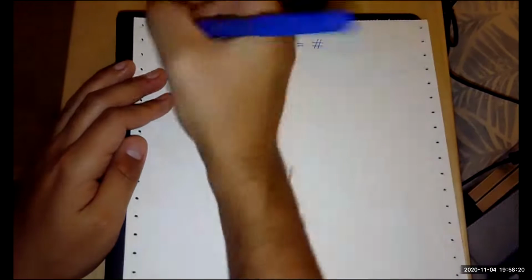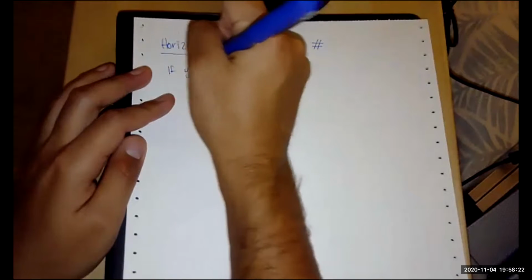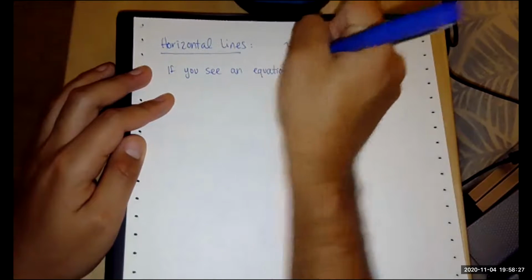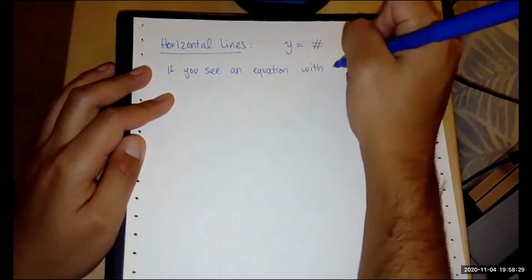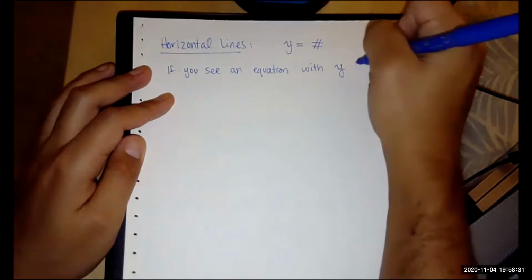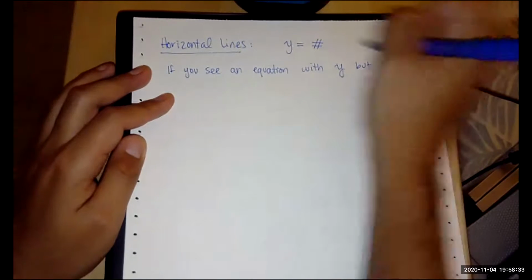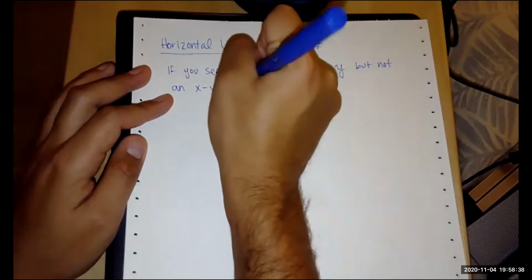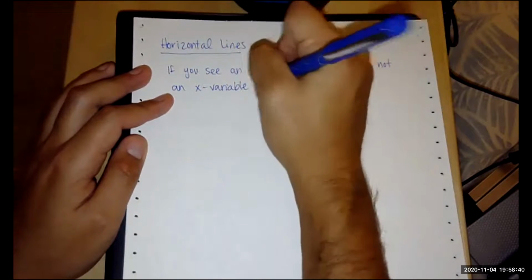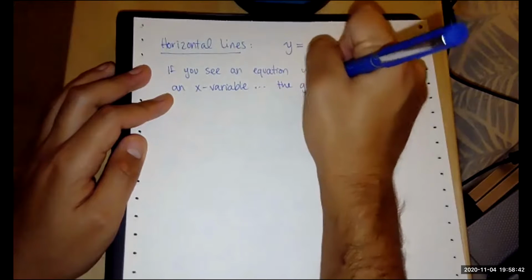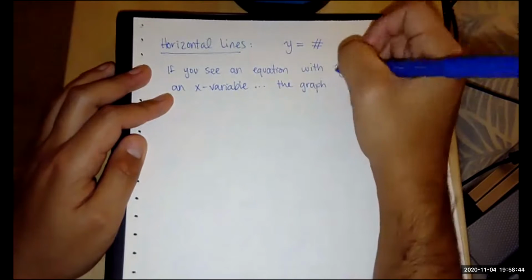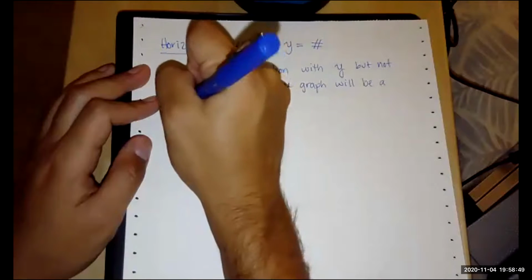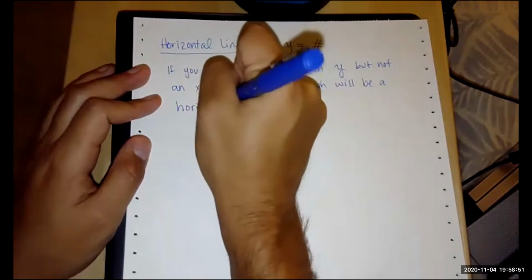Okay, so if you see an equation with a y, but not an x variable, the graph will be a horizontal line.